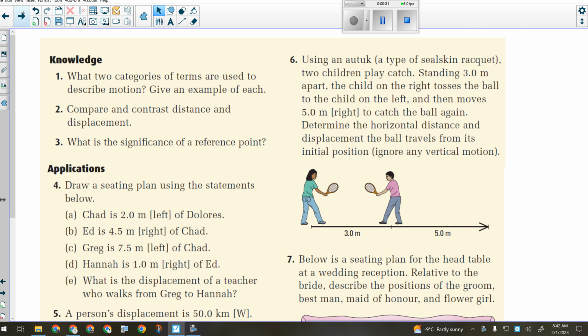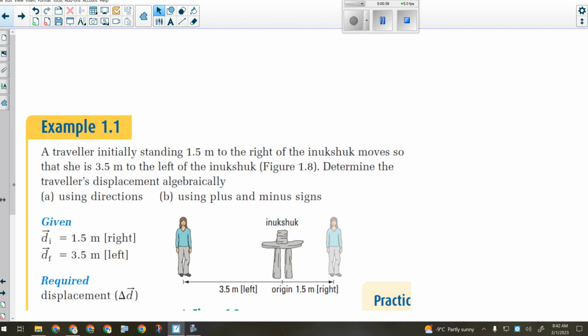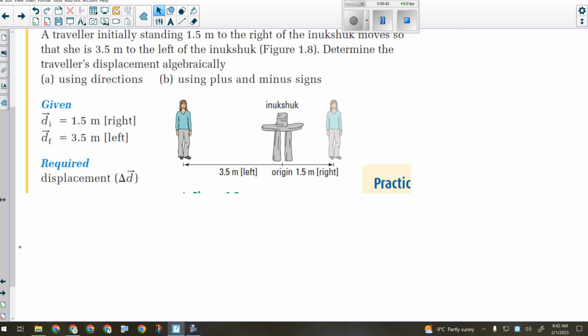These were all one-dimensional vector analysis like you would have done in Science 10. So we're going to continue on with that, where we're going to look at the importance of a reference point. For example, back with the Inukshuk question previously, we started here. This was our initial position, and this was our final position over here, but the only way we knew where our initial position was is because we were given a reference point.